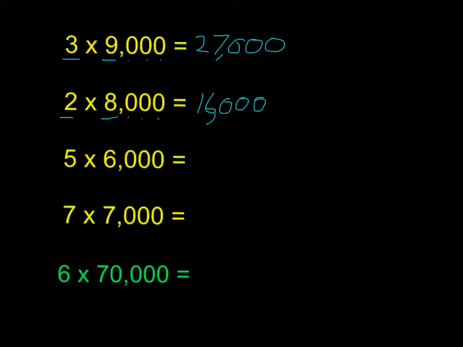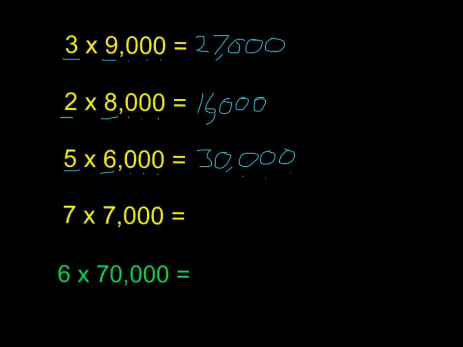Our next one, we have a 5 times 6,000. Well, 5 times 6 is 30. So 5 times 6,000 would be 30,000, because we just move over our 1, 2, 3 zeros there.